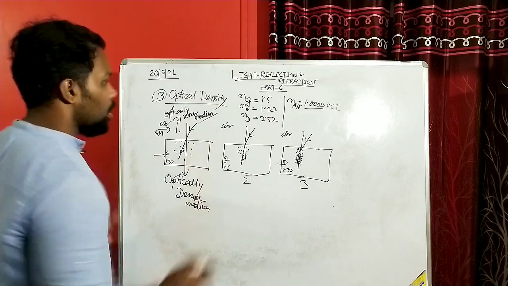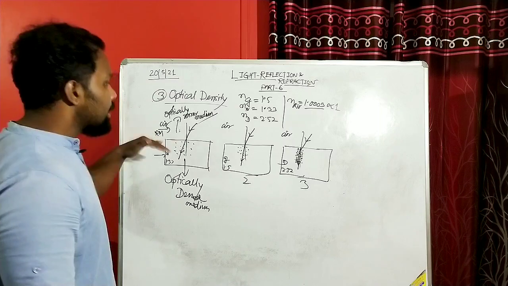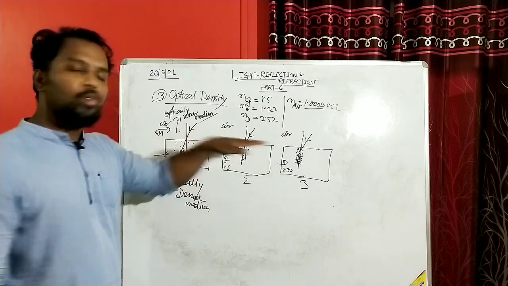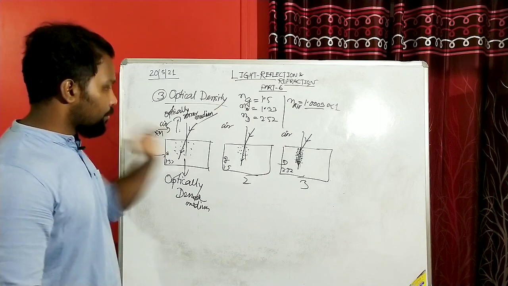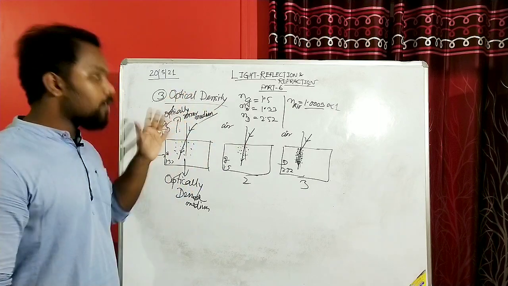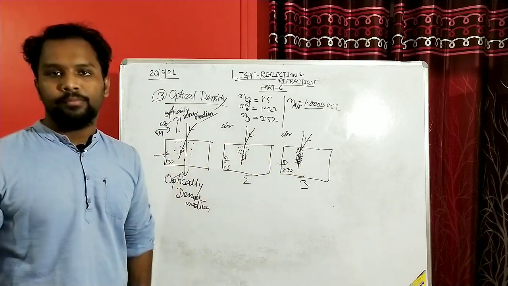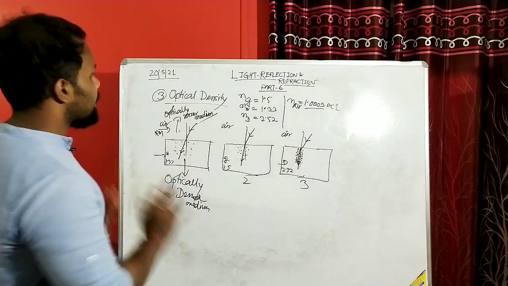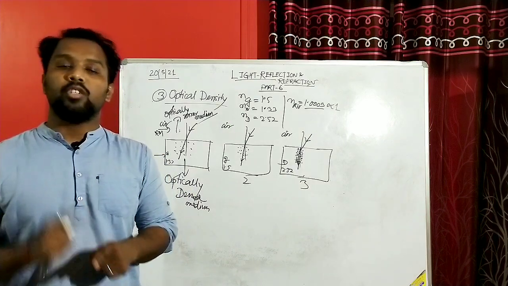Now, from this you have understood one more thing: with the increase of refractive index, the density also increases, and the refracted ray moves more towards the normal. So till now we have discussed what refraction is. Then we discussed refraction through a glass slab.